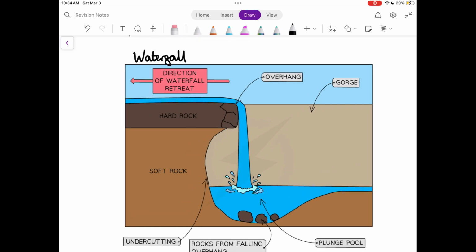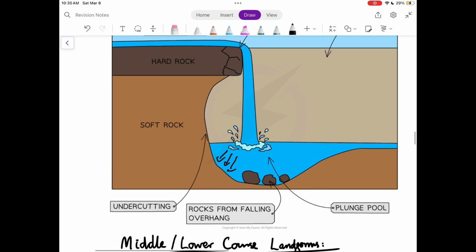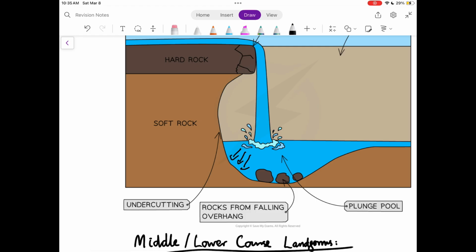So basically, over here, there's a plunge pool, as you can see by the diagram. And this causes hydraulic action and abrasion against this rock here, which is the soft rock, and so has less resistance to erosion.